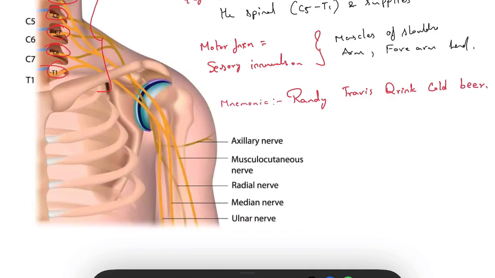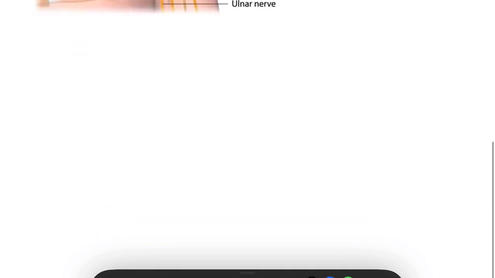Randy means roots, Travis means trunks, drink means divisions, cold means cords, and beer means branches. So the mnemonic for the brachial plexus is Randy Travis drink cold beer: roots, trunks, divisions, cords and branches. Now we will discuss step by step.